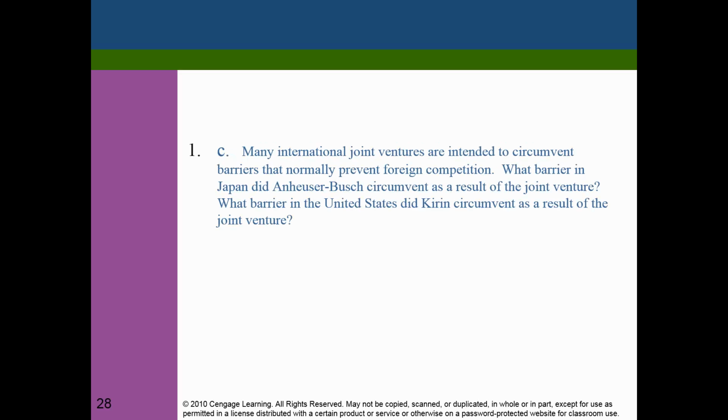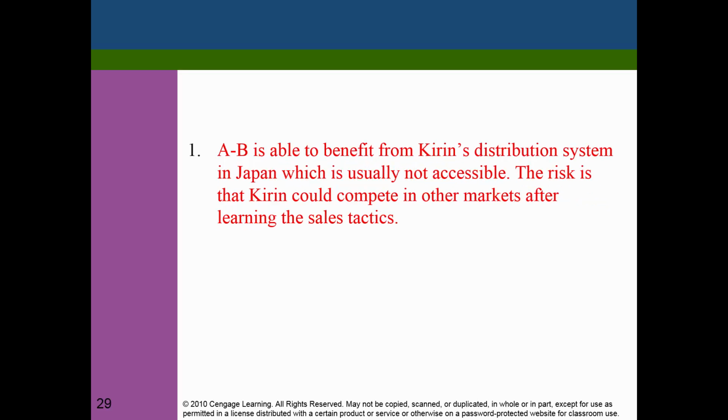Okay. Now, many international ventures are intended to circumvent barriers that normally prevent foreign competition. What barrier in Japan did Anheuser-Busch circumvent as a result of the joint venture? What barrier in the US did Kirin circumvent as a result of the joint venture? So as far as Anheuser-Busch is concerned, they were able to access the distribution system, which is very difficult to establish and which is also not accessible, especially to foreign companies.